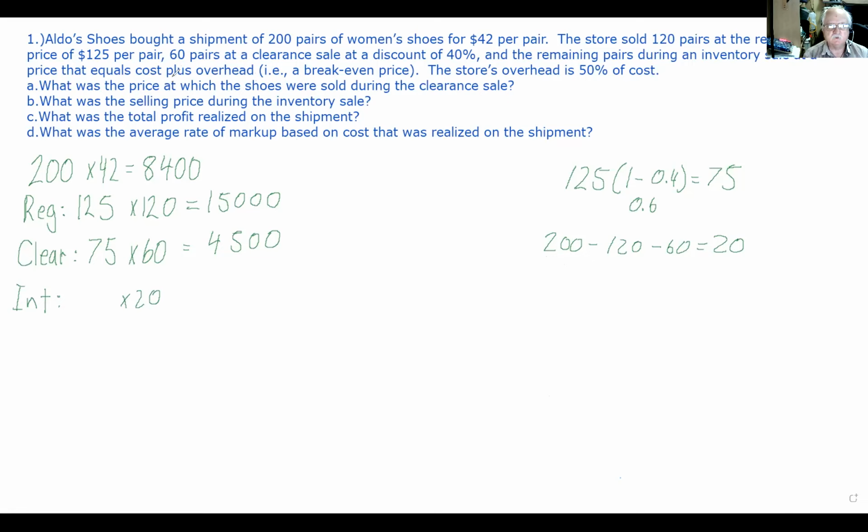So we know their cost was 42. So we need a break-even price. 42 plus, and they told us about overhead, which is expenses, is 50% of cost. So 0.5 times 42 plus 42 is indeed 63.